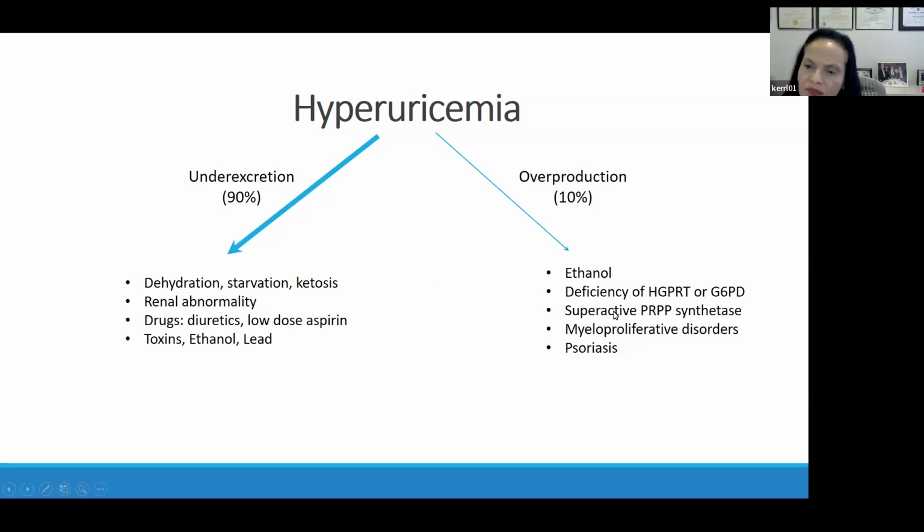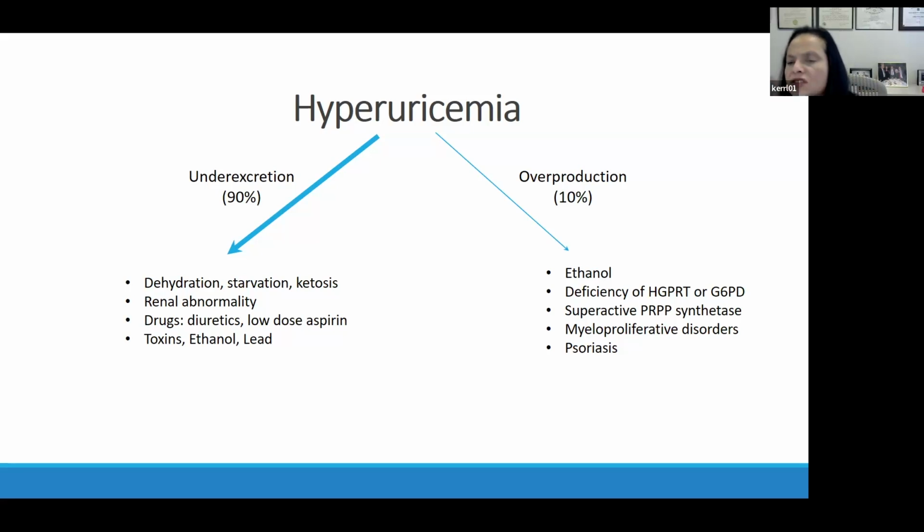There are some relatively rare deficiencies of enzymes in the purine metabolic pathway, partial deficiencies of HGPRT, and superactive PRPP synthetase. These are rare deficiencies that will lead to synovitis in families, and you see male probands particularly affected with these problems.